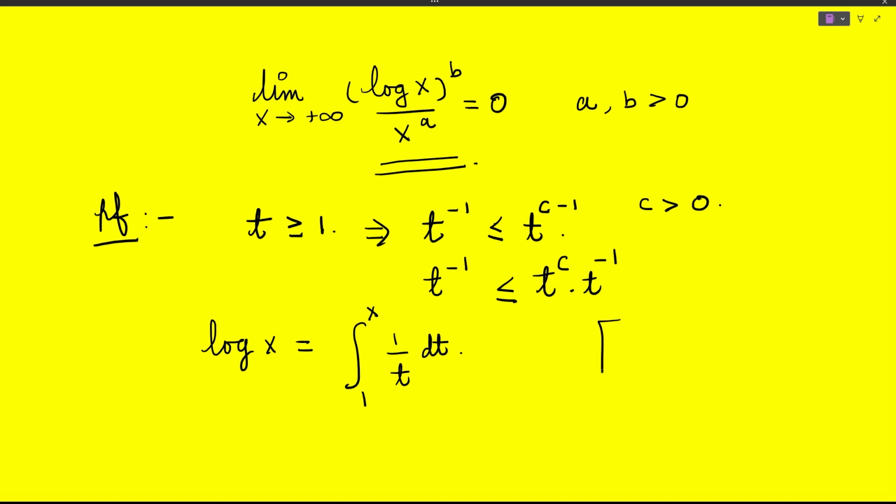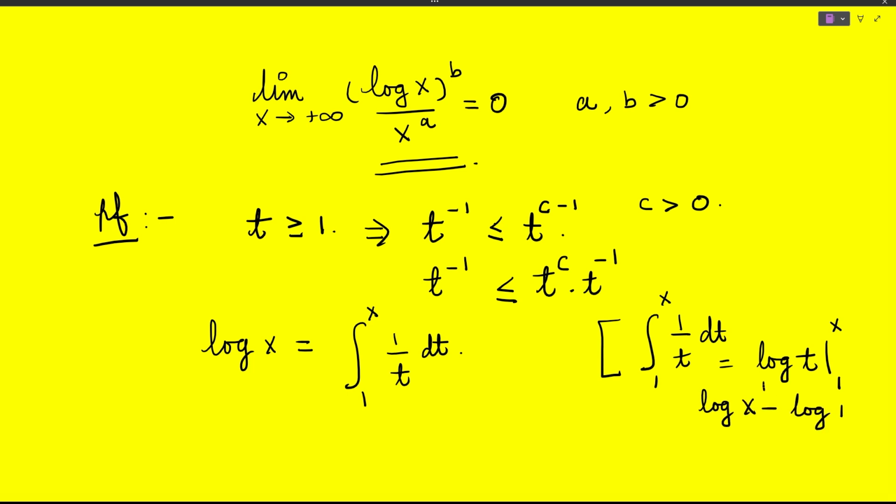This follows because we know that the integral of 1/t dt is log t, and with limits 1 and x, you evaluate at 1 and x, so this is log x minus log 1. Log 1 is 0, so definitely this is log x. So log x can be written in the form of this particular integral. As you can see here, 1/t is t^(-1).